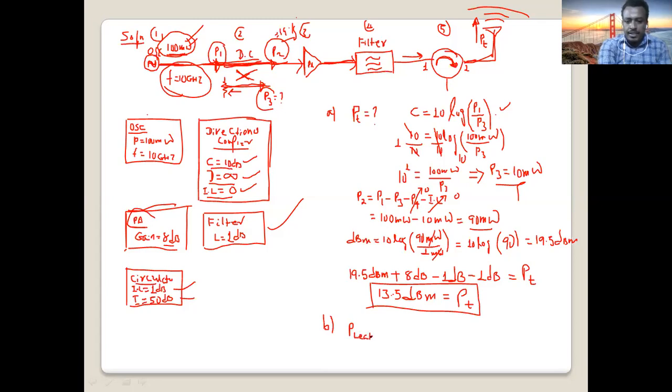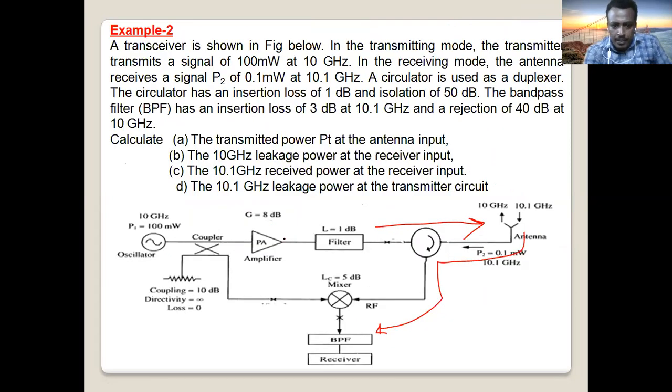Leakage, power leakage. How much power from the transmitter side? So we have to know how much power at port P1. How much? So from the coupler we have 19.5 dBm. How much power here?